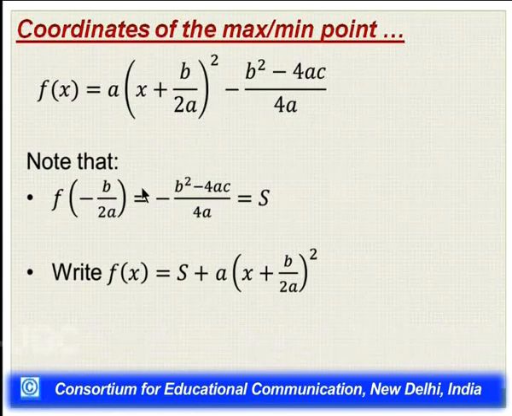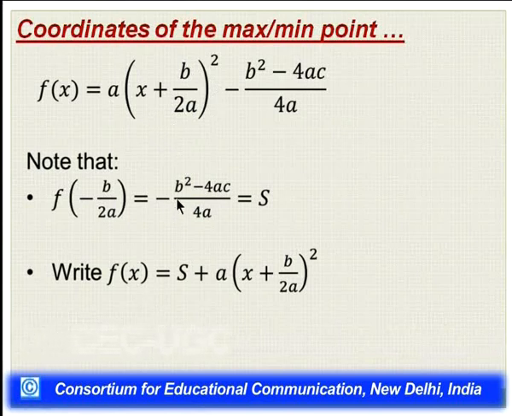So for example, when I put x = −b/2a, I'm going to get minus (b² − 4ac)/4a, and this is independent of x, and let's call this value s. That will just make things more convenient. But what I'm trying to emphasize is that as x varies, it's only the first term that is going to vary, because it's only the first term that contains an x.